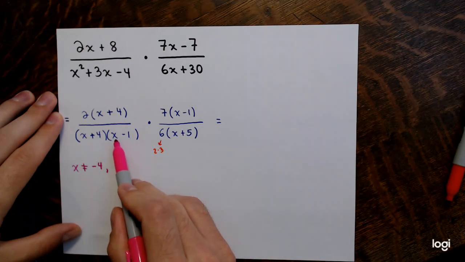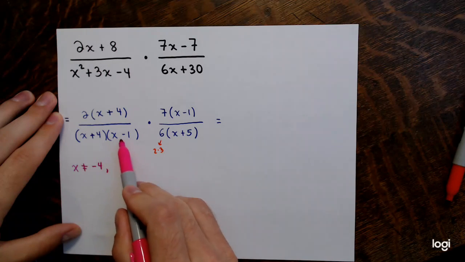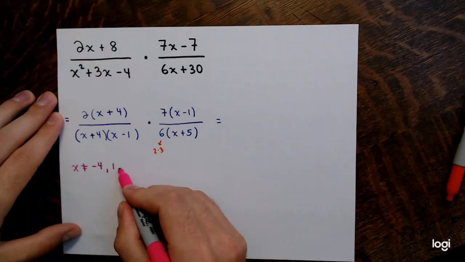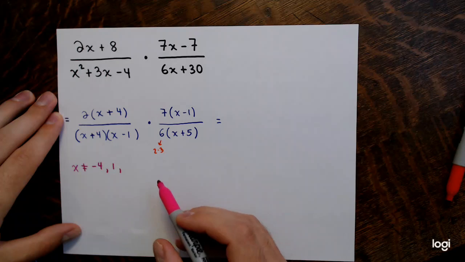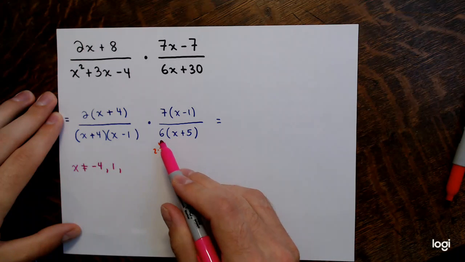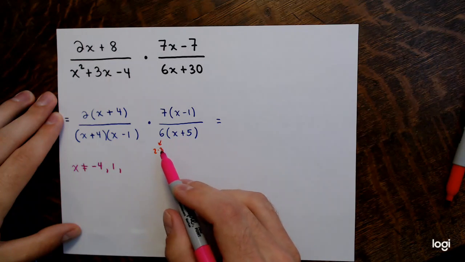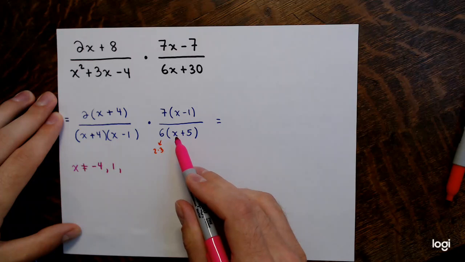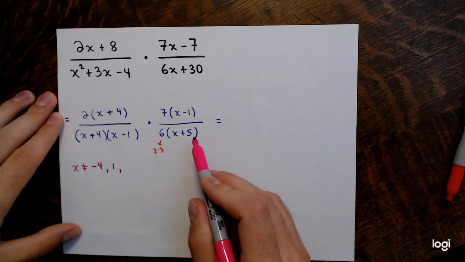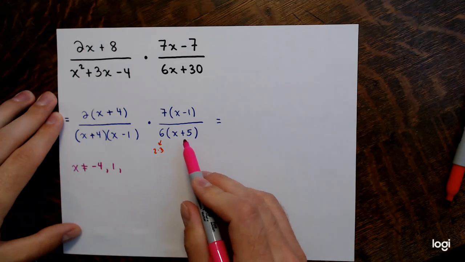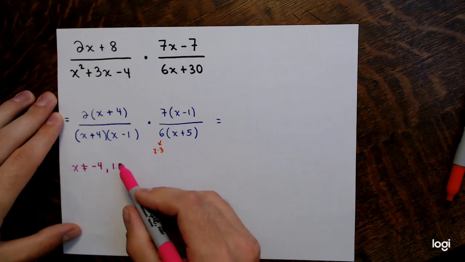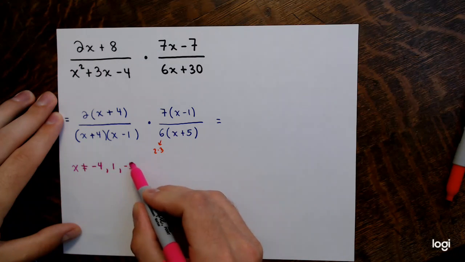This factor, I don't want that to be 0 either. So x can't be 1. Right? 1 minus 1 would be 0. 6 is not going to be 0. 2 and 3 are not going to be 0. There's always 6. And then this other factor, x plus 5 in the denominator. I don't want that to be 0. So x can't be negative 5 also.